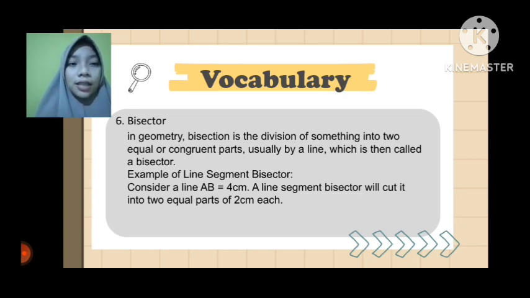A line segment bisector will cut it into two equal parts of 2 cm each. In Indonesia, we can say bisector is sesuatu yang membagi garis menjadi dua sama panjang jika konteksnya garis.